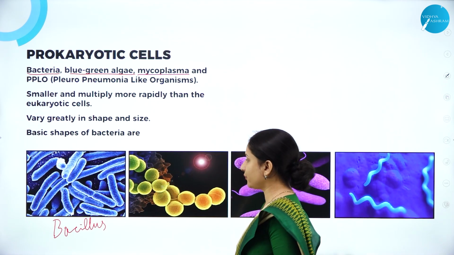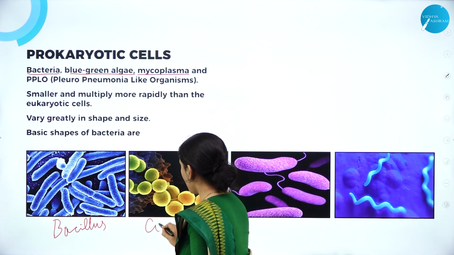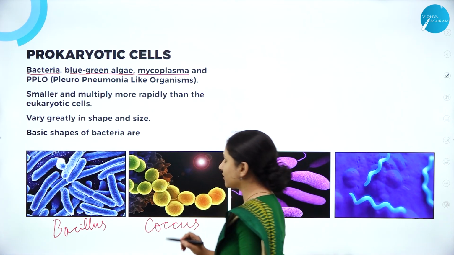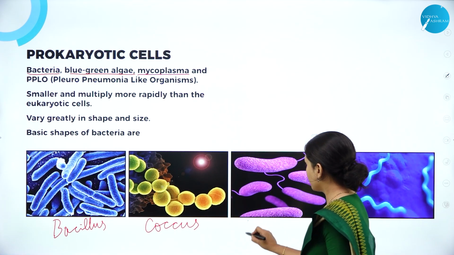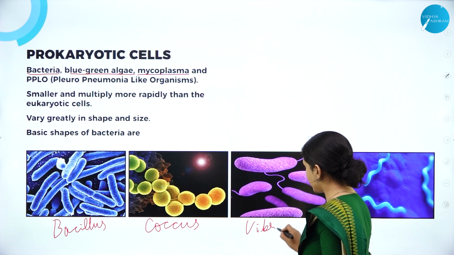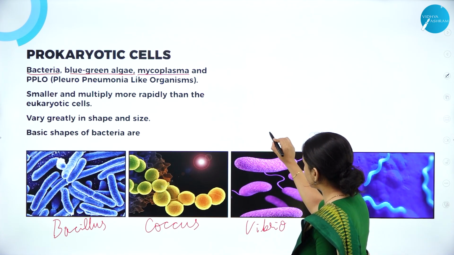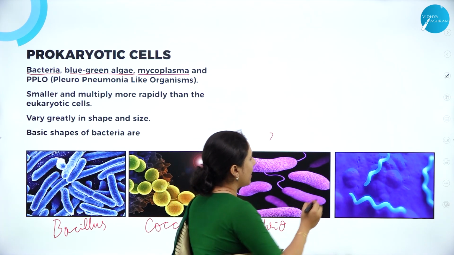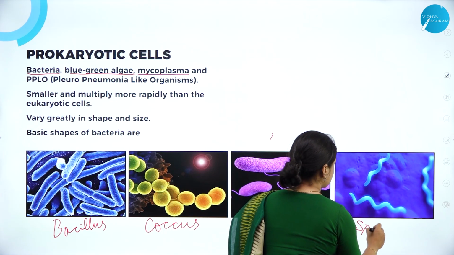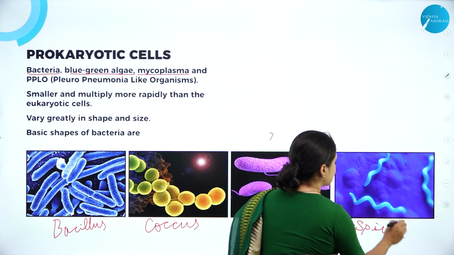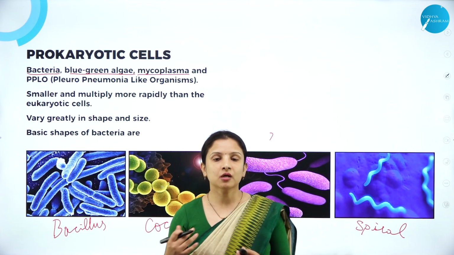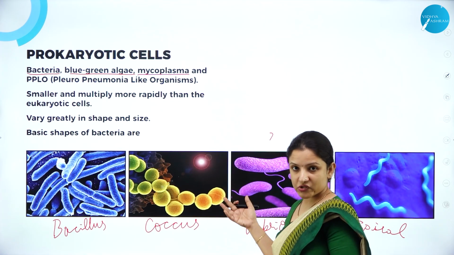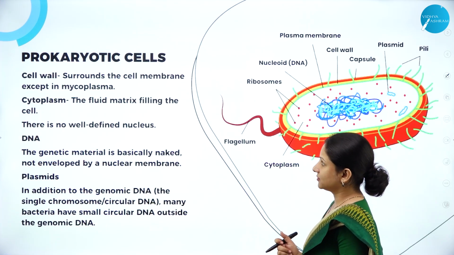Some are coccus, meaning they are round shaped. Then vibrio, which are comma shaped, like how you write a comma. Exactly like that is the shape of the bacteria. And a few bacteria are spiral in shape. So these are the different shapes in which the prokaryotic organisms, especially the bacteria, can exist.